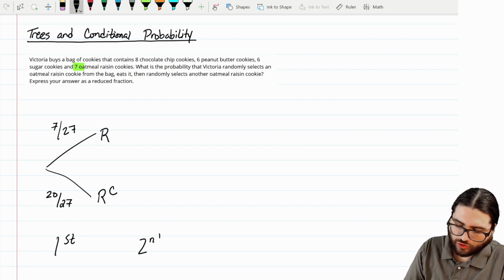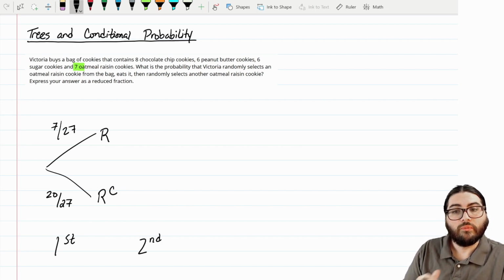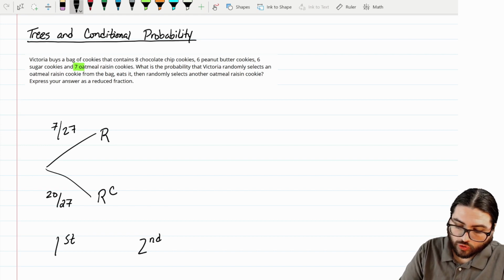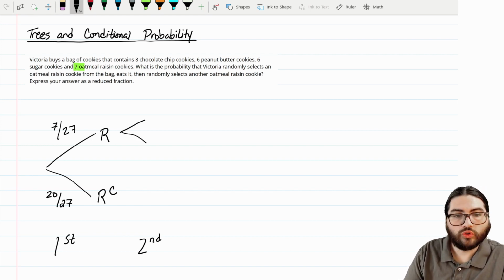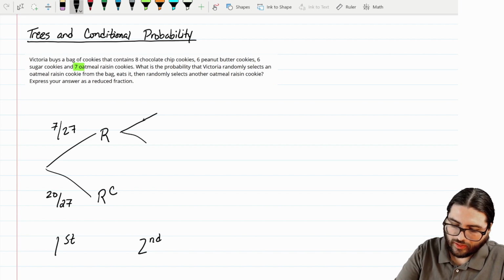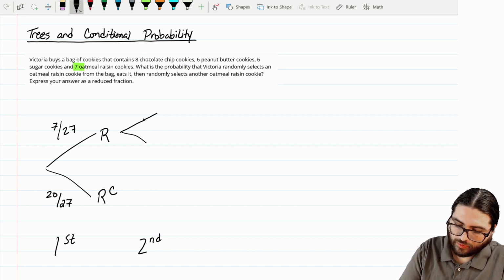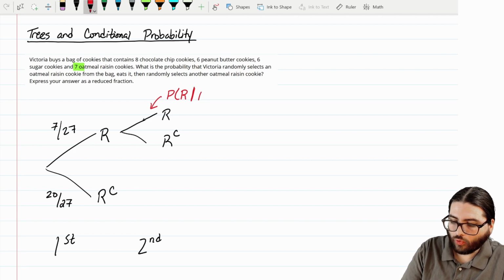This is where the conditional probability comes in. Because now, when I draw trees and I have more nodes than just the first one, if I do the same thing and I do raisin cookie and not raisin cookie, this probability is the probability that I get a raisin cookie on the second draw, given that I have already drawn a raisin cookie on the first draw.